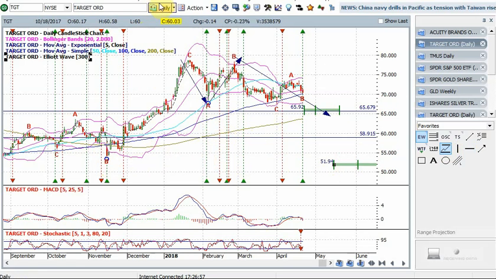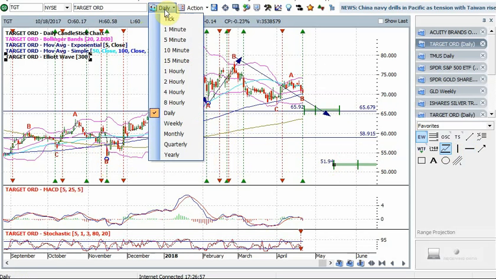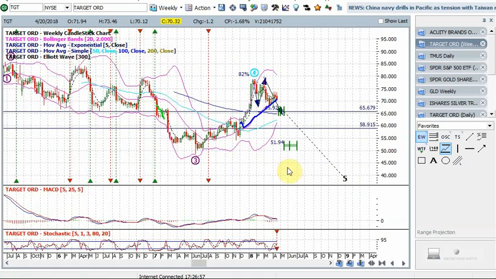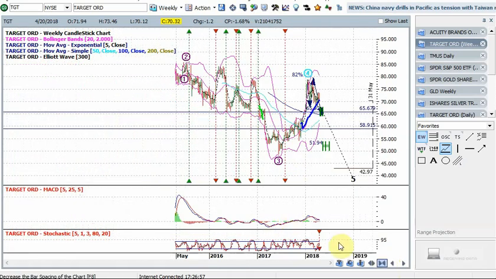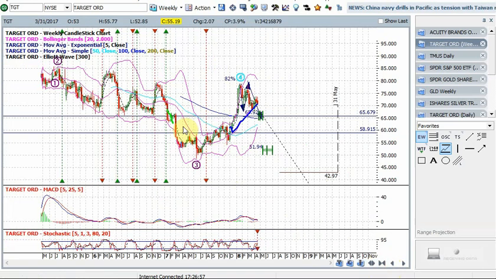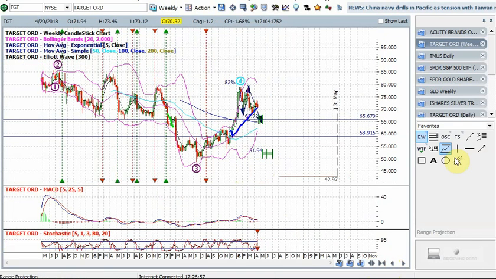This is the daily chart. If we look at the weekly chart, this is what we see. From here, Target has been on a very severe downward trend from back in 2015.